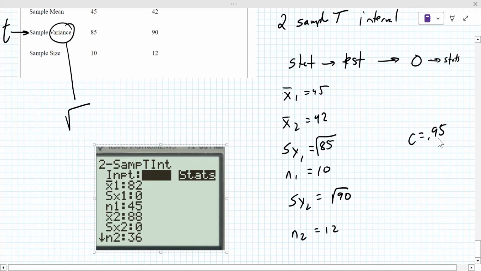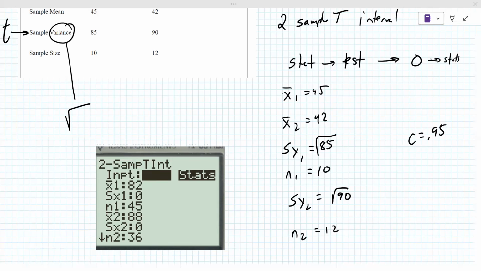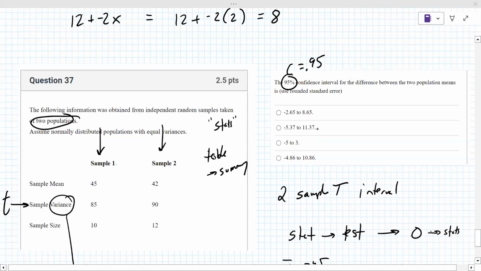If it's not there, that means you've got to go find it, because even though what you're doing will give you something, it's not what you want. Okay, it's the second option. You're saying you got these numbers here, minus 5.37 to 11.37.